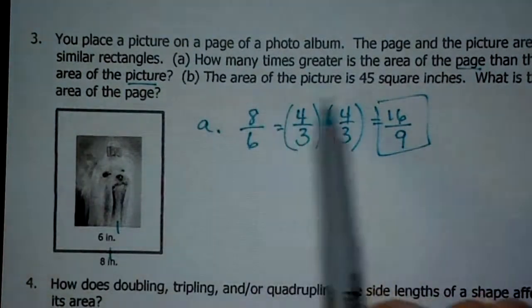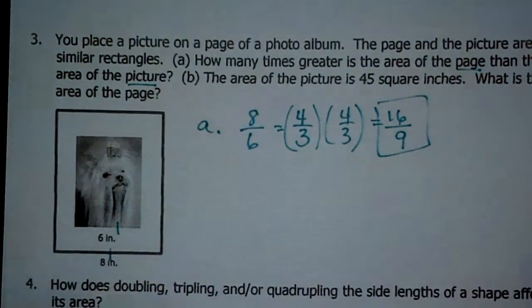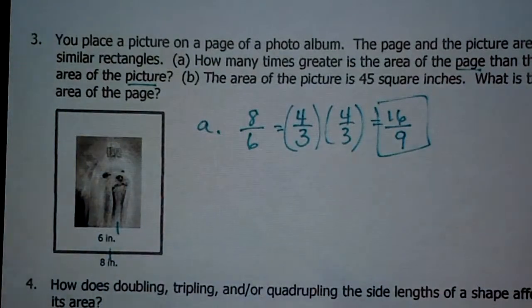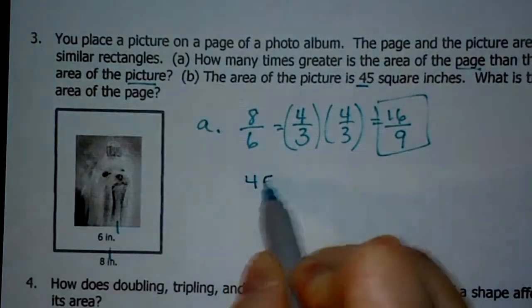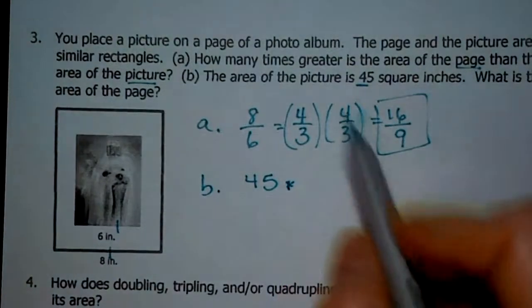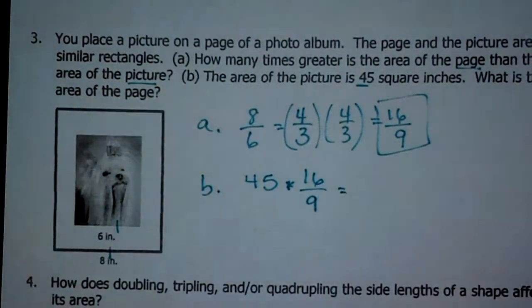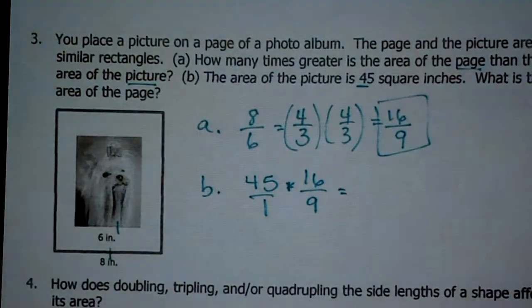Letter B says the area of the picture is 45 square inches. What is the area of the page? So I just said that all you have to do to figure out the area is multiply, right? So I know that the area of the picture is 45. All I have to do now is multiply that by my 16/9. Now, yes, you can put a 1 underneath here, and you can multiply across, and then you can simplify.